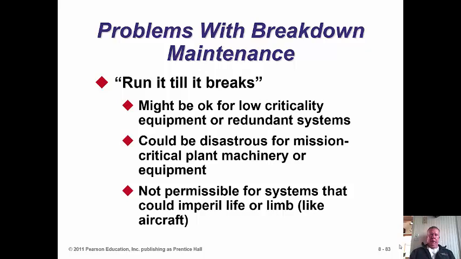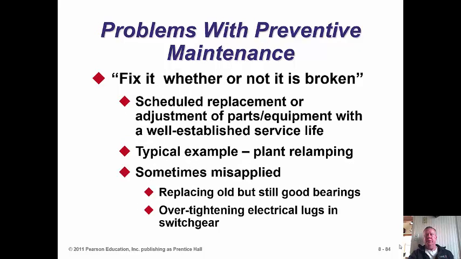Problems with breakdown maintenance. Again, good for low criticality, redundant systems. Yeah, you can't use it in things like aircraft or even vehicles to a certain extent. Fix it whether or not it's broken. Yeah, sometimes you may be in a situation, say like engine oil, if the engine motor is run under very controlled conditions and at constant speed, the oil might go for quite a bit longer than something in a hot, dusty environment.